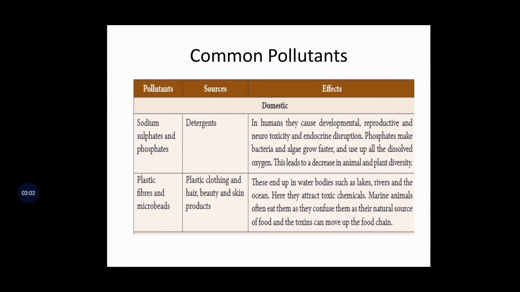These we get from plastic clothing and cosmetic products. When it mixes with water, it gives some toxicity, so that some of the marine animals will get infected, resulting in death.